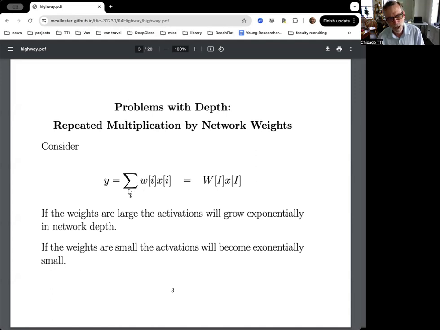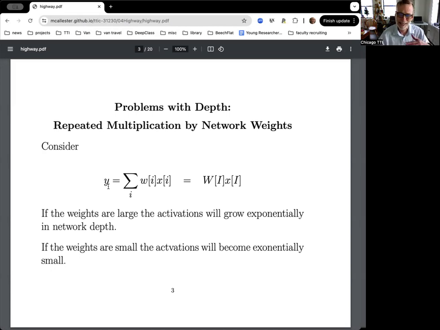If we're summing a large number of terms, and these weights were, say, order 1, suppose these weights were all roughly 1, and suppose all the values were roughly 1. That means this y would be a sum of values of size 1. So it would depend on how many elements we're adding. And if we're adding too many elements, then this value of y gets large.